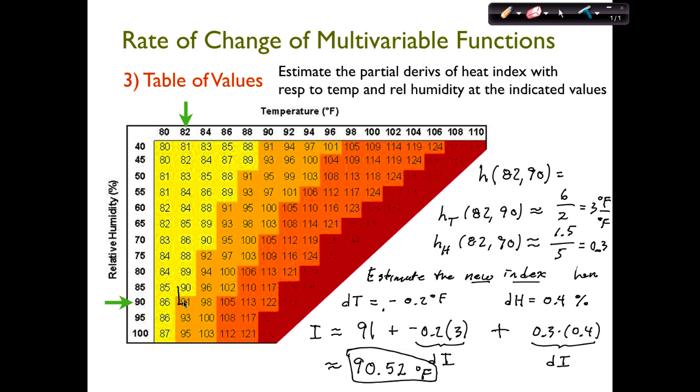So instead of going just right or just up and down, when I had you do this problem, we were going along this trajectory in the table and asking for the resulting change in index along this trajectory, where changes in humidity were -2 times as much as changes in temperature. Does that kind of make sense?